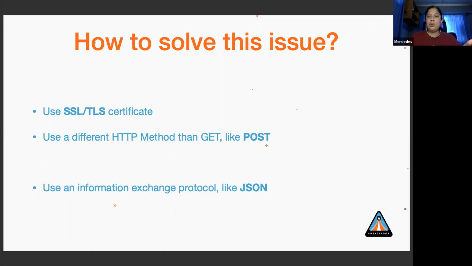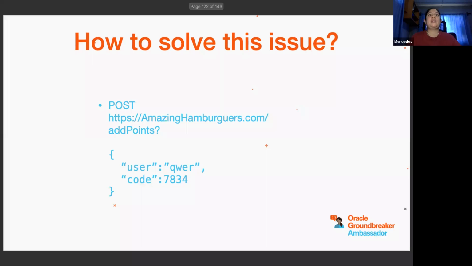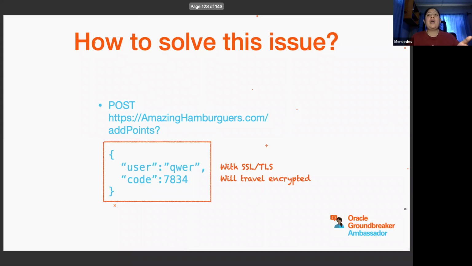If I use POST, the data will travel encrypted in the HTTPS communication, and we can also change this to a JSON format. So we will have something like this, right? Thanks to the SSL or TLS certification, that information will travel encrypted, and no one will be able to see it.